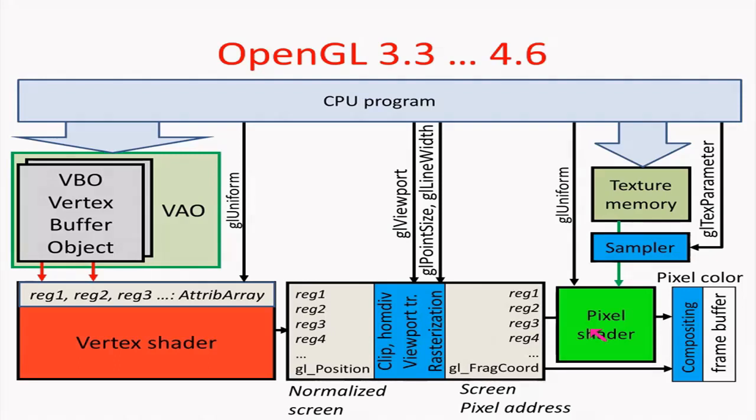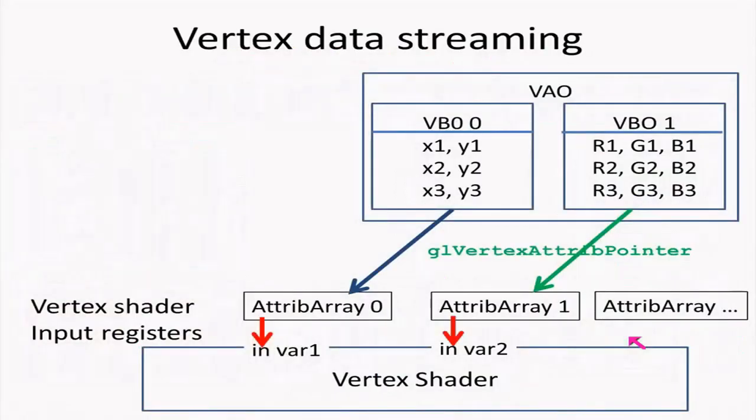From other vertex attributes and global, so-called uniform variables, the pixel color should be computed by the pixel, also called fragment shader. Let us zoom out on the connection of the vertex buffer objects, vertex shader input registers called attrib arrays, and vertex shader input variables.